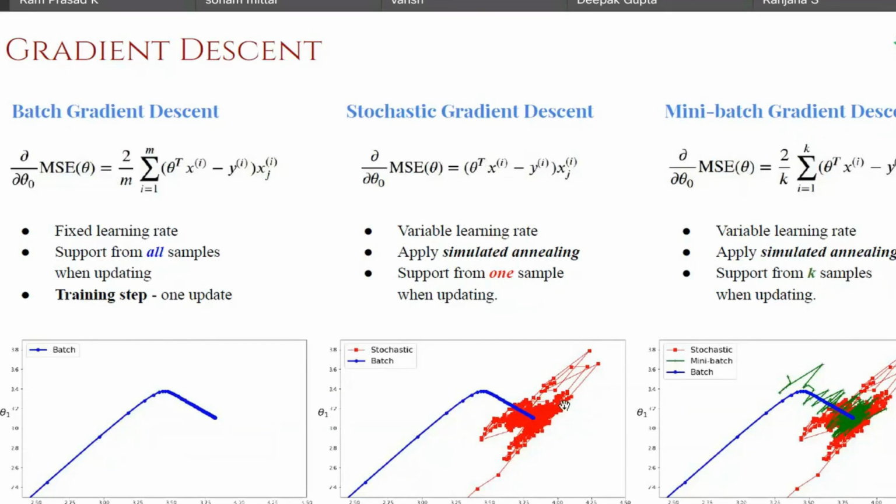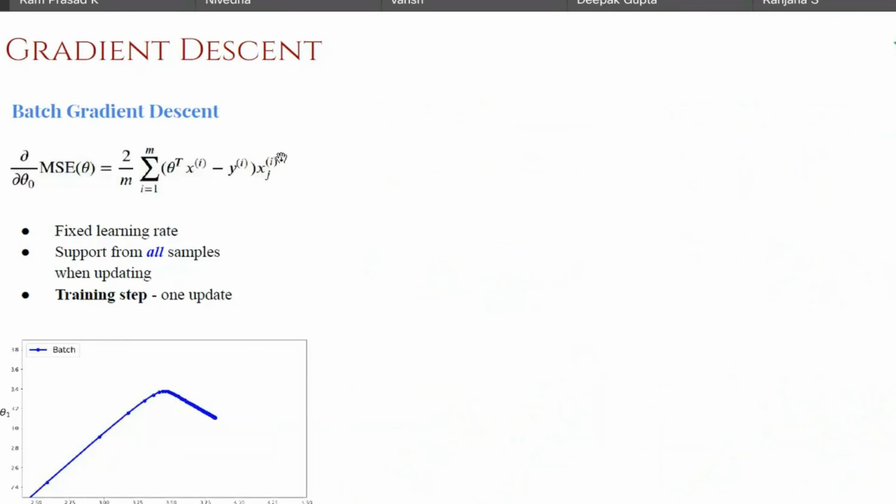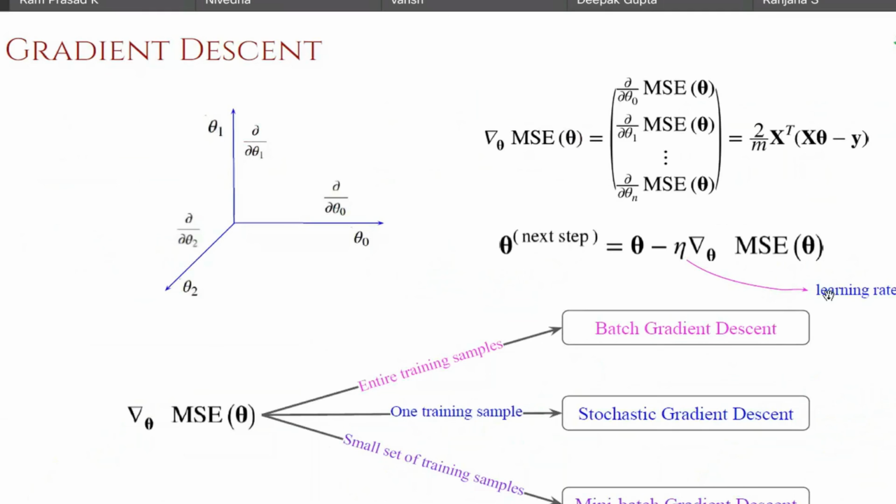So to control this randomness, what researchers have introduced is a strategy. We are anyway using a concept called learning rate previously. So for stochastic gradient descent and mini batch gradient descent, there is an explicit control on the learning rate.